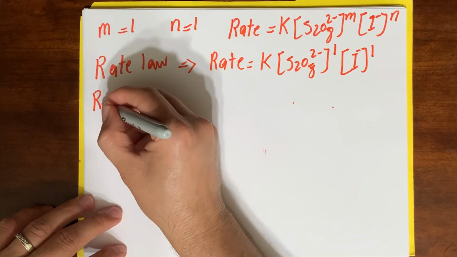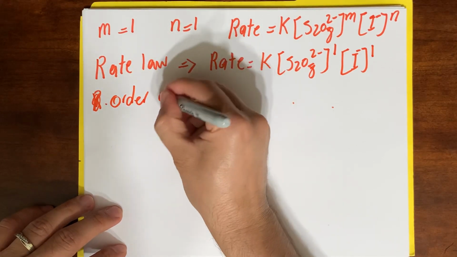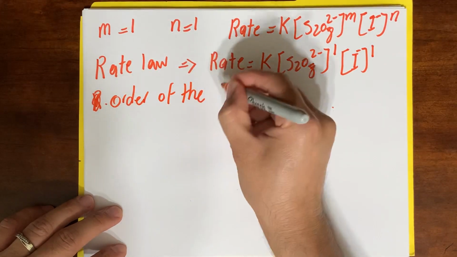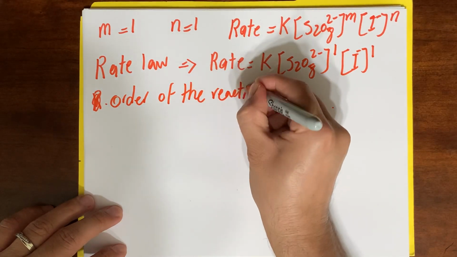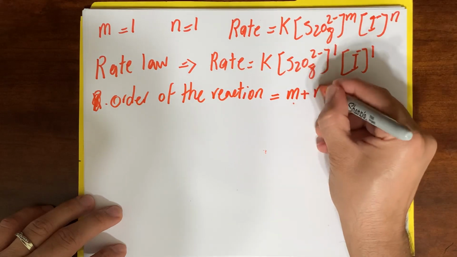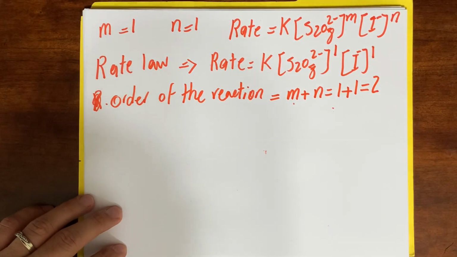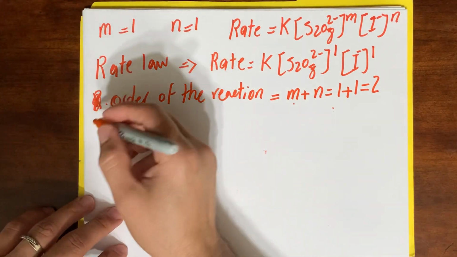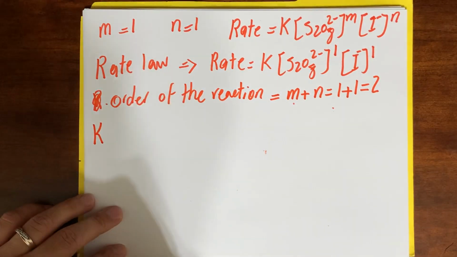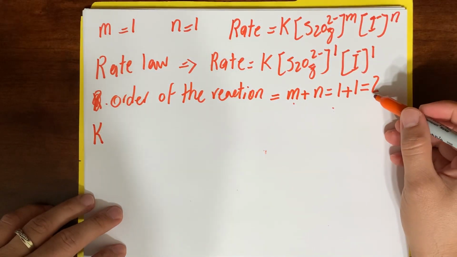The order of the reaction will be m plus n, 1 plus 1, it will be 2. So it's the second order. I said the unit of k is subject to the order of the reaction.